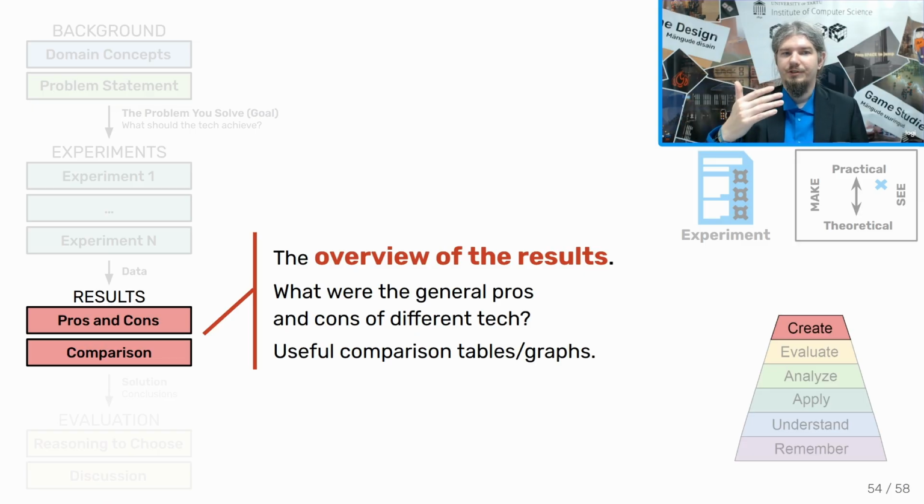Maybe the users who were using your virtual reality headsets marked how hot it got in the headset from 0 to 5, and then you can do statistical analysis to see if one headset was relatively more hot than another one, and if there's a statistical difference, you can show that in this part of the thesis. What are the pros and cons, the useful tables, graphs, all sorts of different ways that you now represent the results and the results of the analysis you do on the data as well.